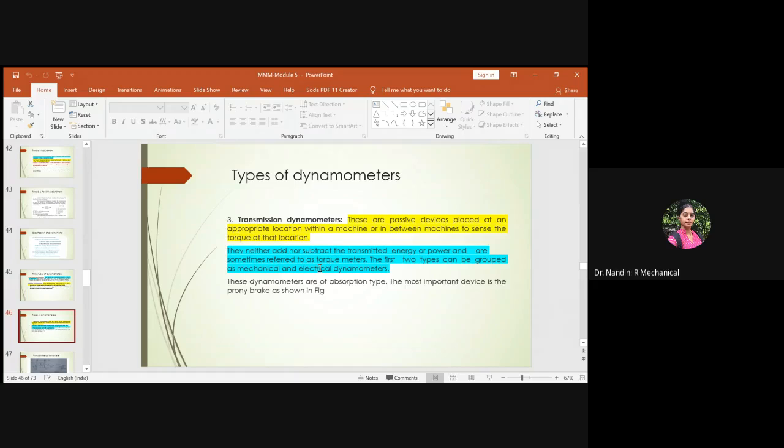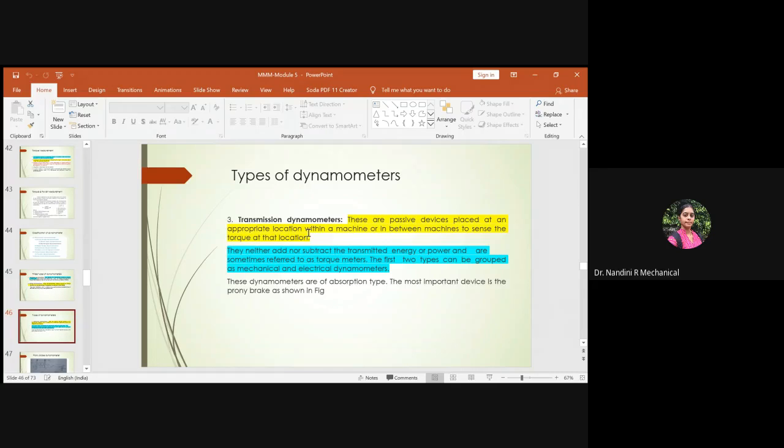In case of transmission, the name itself suggests it helps to transmit the needed values with respect to the location. So these are called passive devices, and these devices could be placed at an appropriate location within a machine or in between machines to sense the torque at that location.